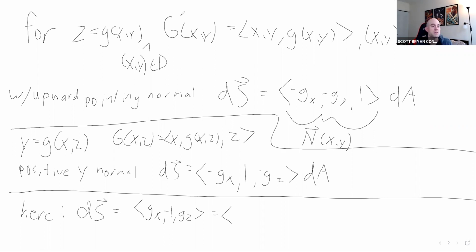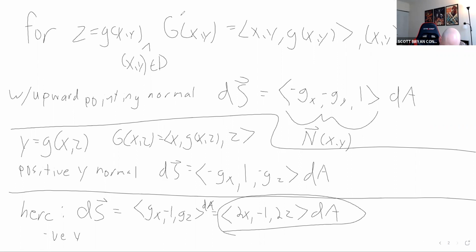And in our case, our g is 1 plus x squared plus z squared. So we get 2x, negative 1, 2z, times dA, because we want a negative y pointing normal. You can calculate this pretty easily, but it's nice to have memorized if you understand where it comes from.